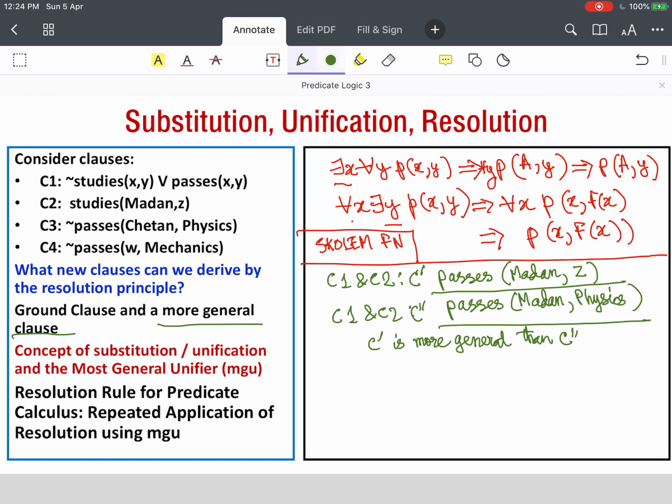So our objective is to find a more general clause, and in general we want to find between two clauses what is the most general derived unified clause that we can get. So let us look at C1 and C4.